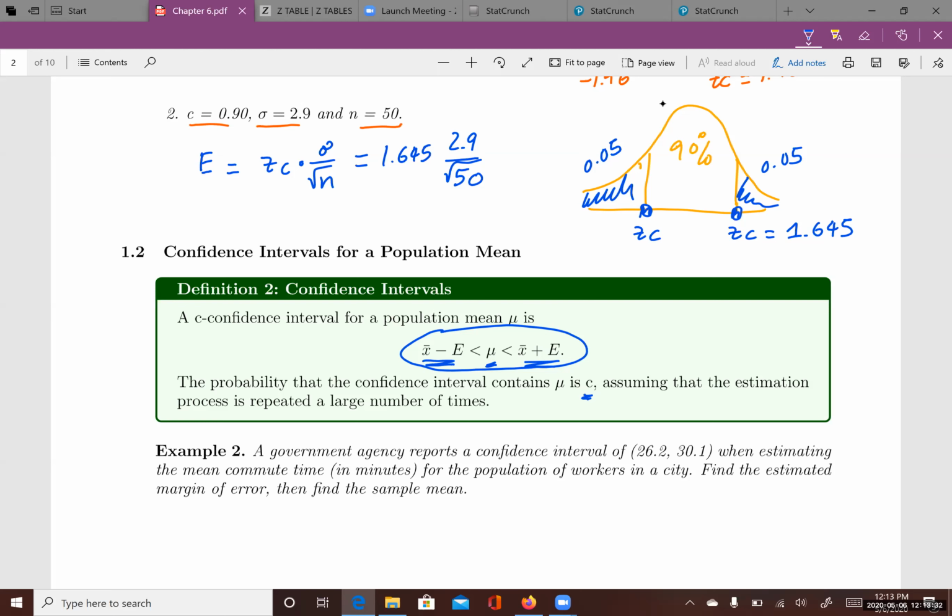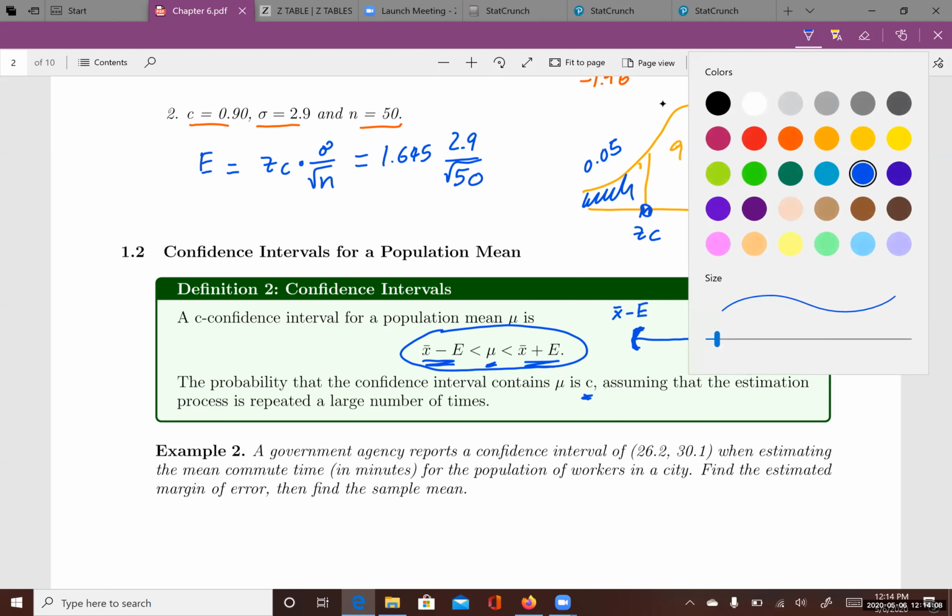So given this formula here, if you found X bar, this is the confidence interval that you are constructing, and X bar should be the point in the middle, and X bar minus E is the lower bound, and X bar plus E is the upper bound, right?